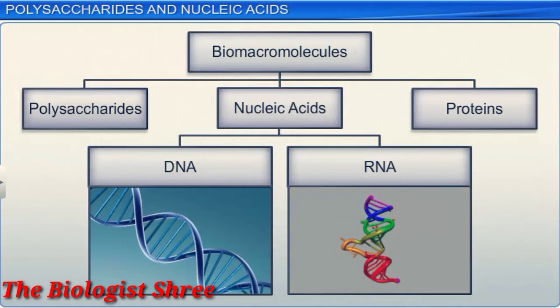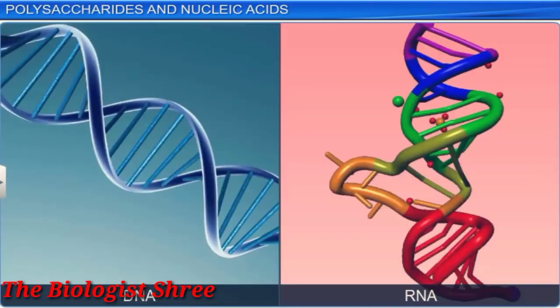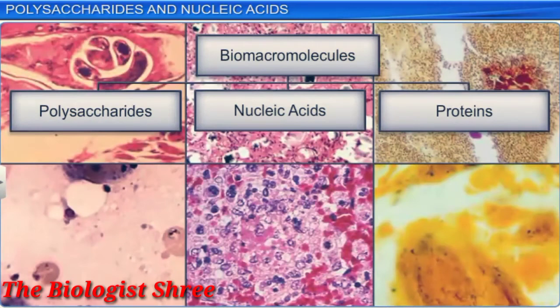Both DNA and RNA carry genetic information and are found in the cells of all living things. Together, polysaccharides, nucleic acids, and polypeptides or proteins form the macromolecular fraction of all living tissues.